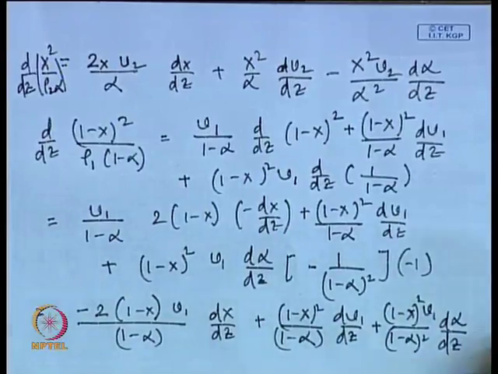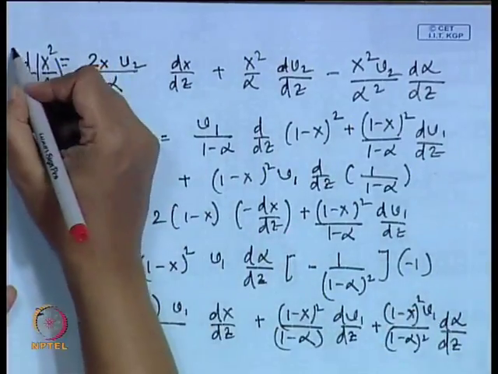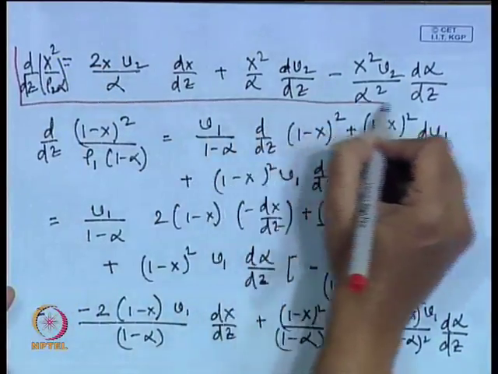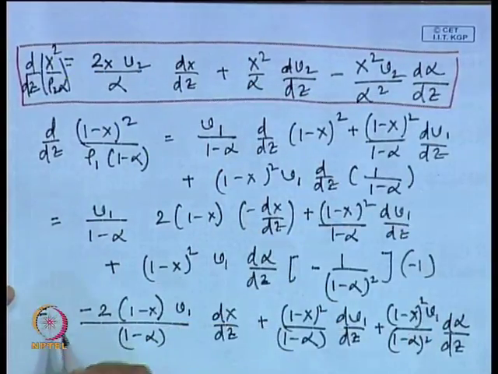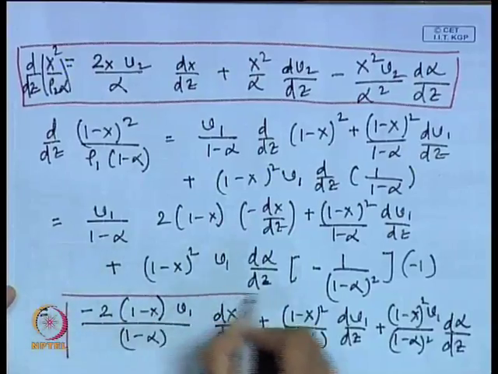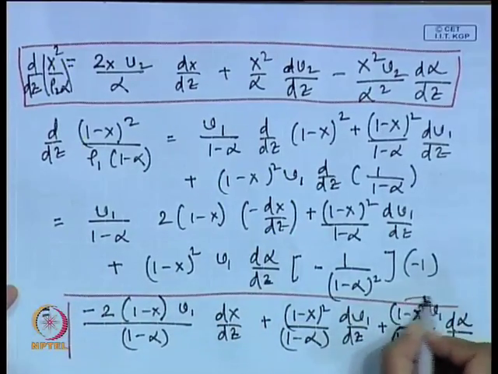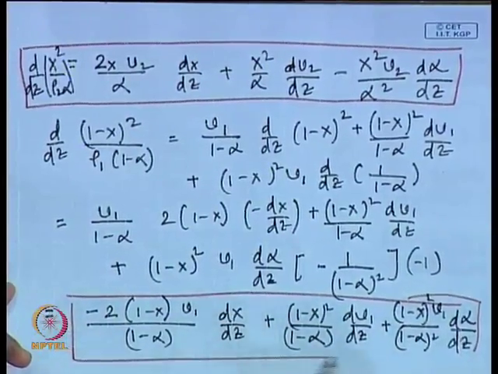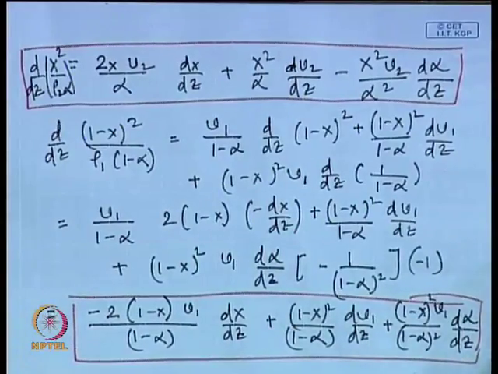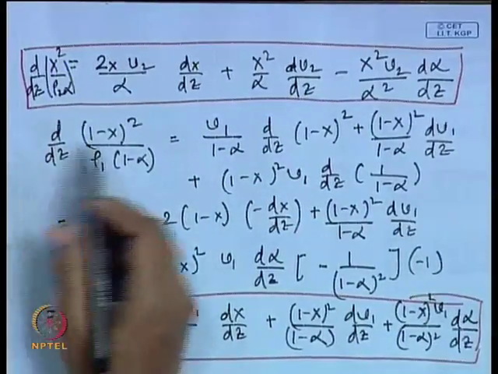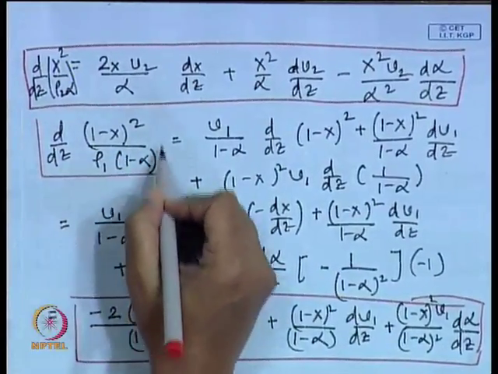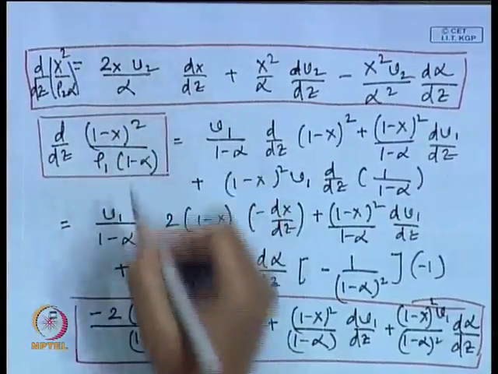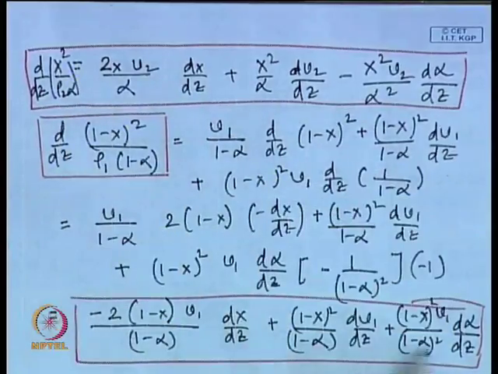Correct. So, therefore, one particular equation for x square by rho2 alpha d/dz of this I have found out. The second expression is for this part, d/dz of (1 minus x) square rho1 by 1 minus alpha. So, this is one particular expression, this is the other.